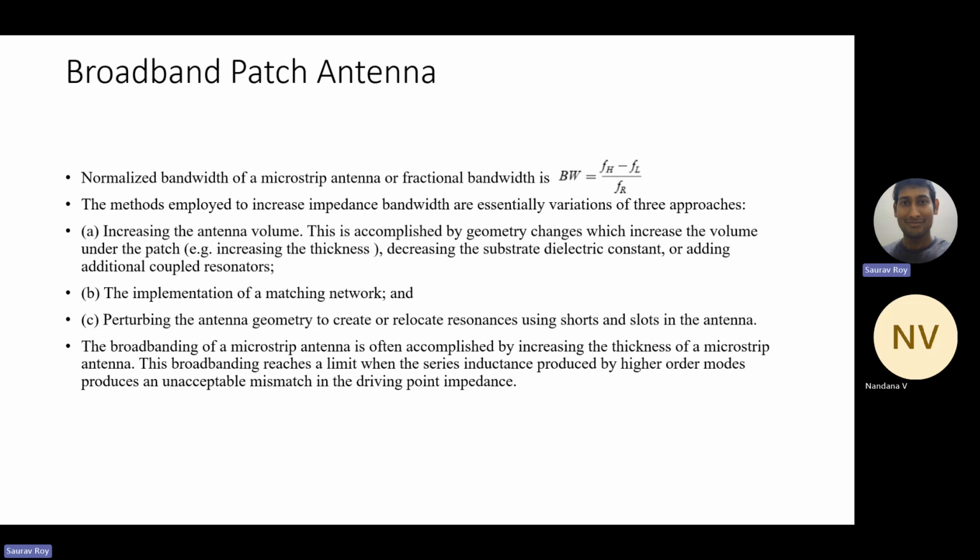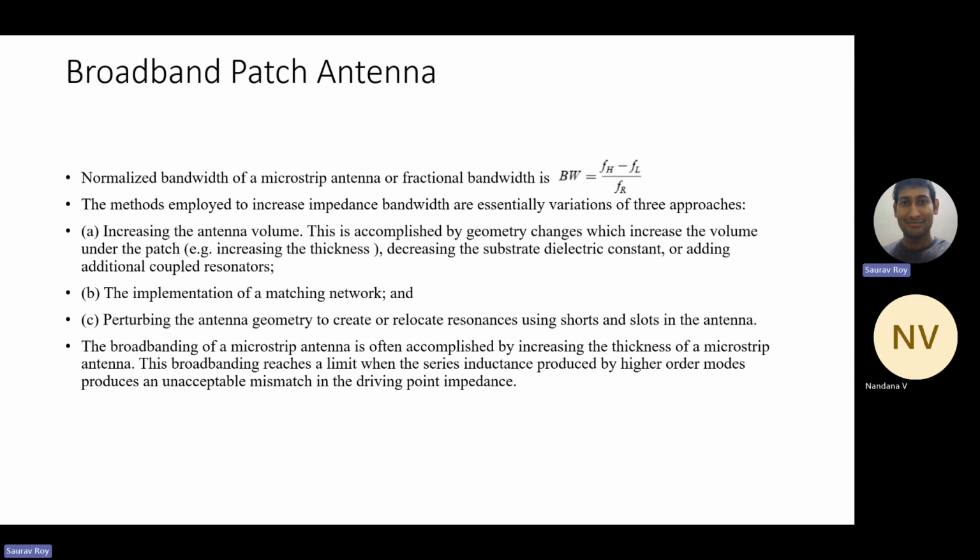That is why using an air gap increases the bandwidth. But an air gap is sometimes very difficult to get because it cannot be integrated with other devices. So people sometimes use thermocol, foam and other materials with dielectric constant close to air as a substrate.